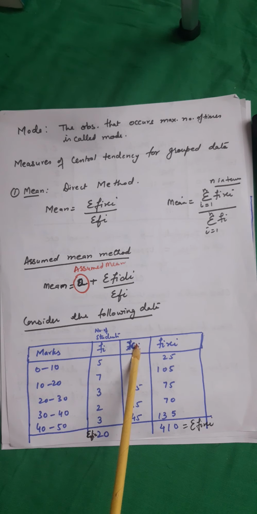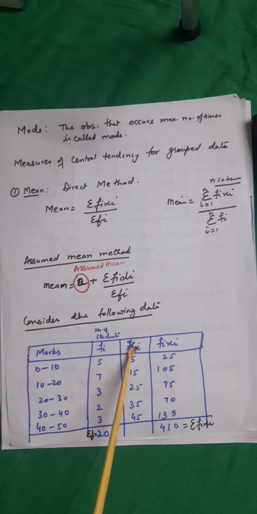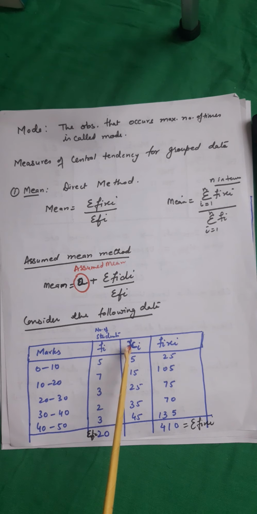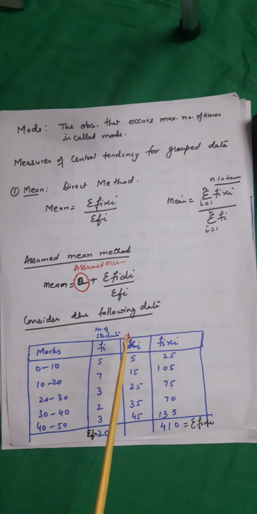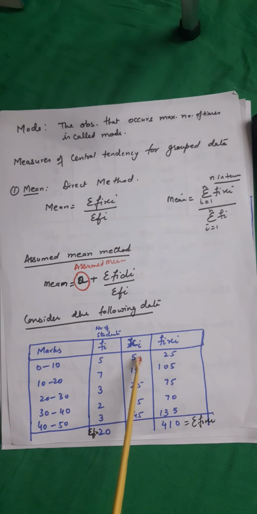Now xi is to be found. Xi is the class mark of every interval. How do we find it? We add both upper limit and lower limit and find the average. It is also called the mid value. So if I have to find the other mid values, what can I do? There are two methods.